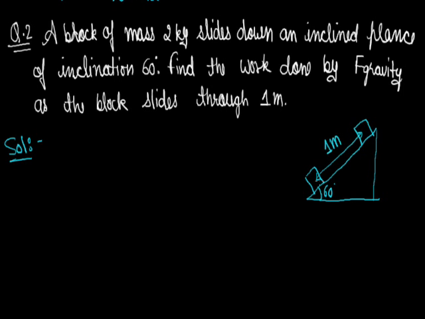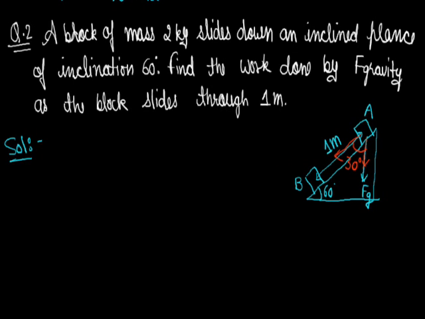Initially the block was at position A, and after traveling 1 meter it will be at point B. Here the force of gravity Fg will be downward. Since the displacement is this and the force is this, the angle between displacement and force is 30°.